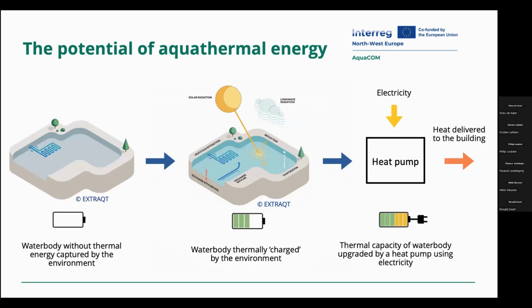The idea is that we first start with an empty battery, a water body which is not charged by the environment, and we evaluate what becomes the potential, or the amount of energy, when it is in contact with the surroundings. That's our natural amount of energy that we then use in a heat pump. By adding a small fraction of electricity, we can use it as a heat application tool, or deliver the heat to the different houses.